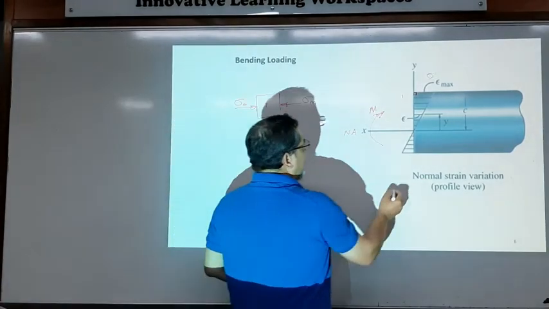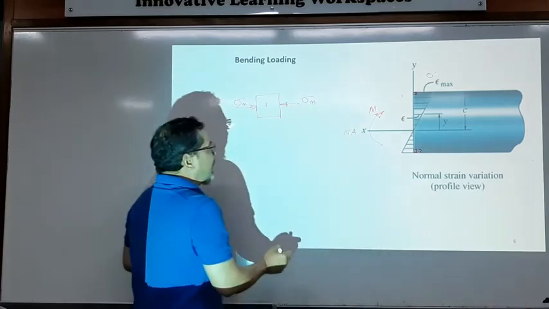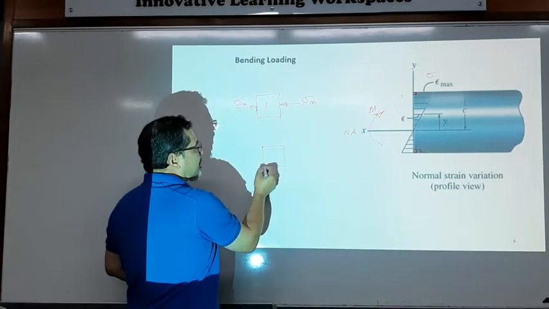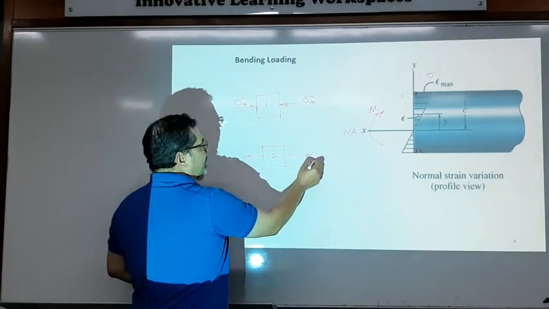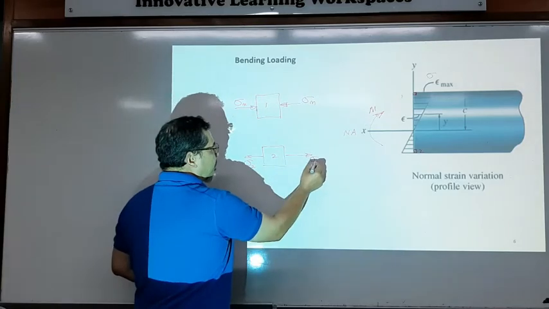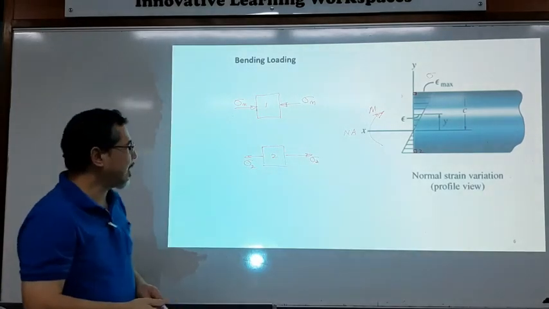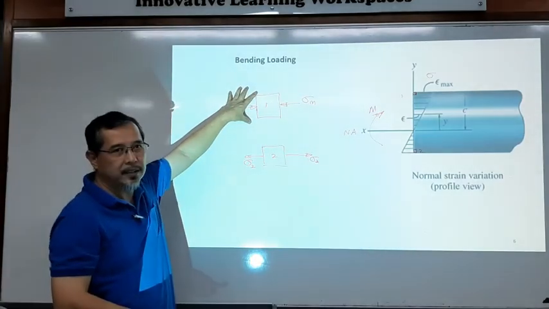If we take number 2, then we will have a tensile stress. So that's a sigma bending for number 2, sigma 2. So we have a tensile condition and compression condition.